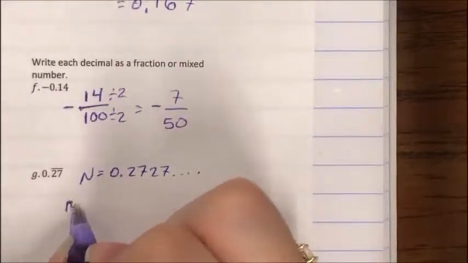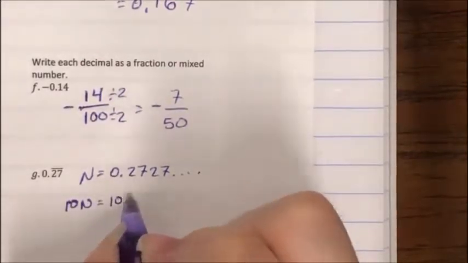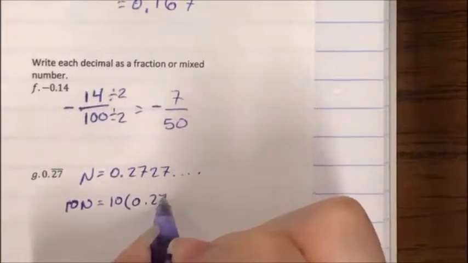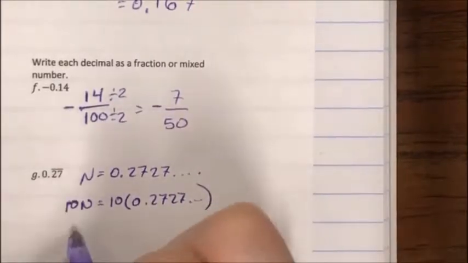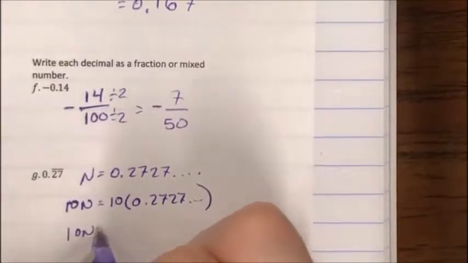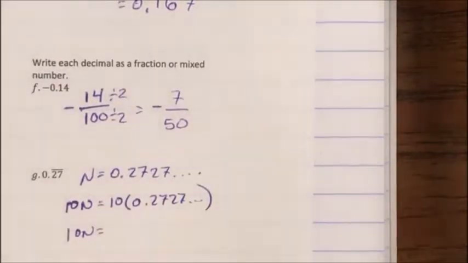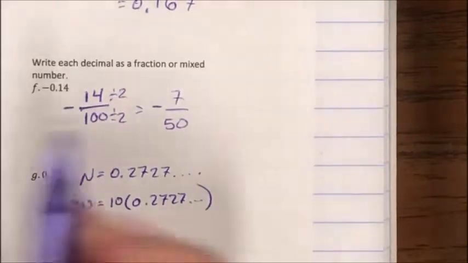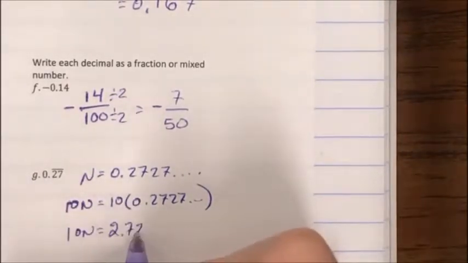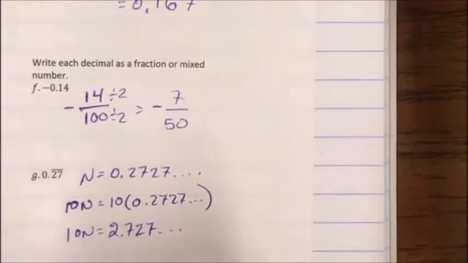Okay. So I multiply this by 10. So I get 10n equals 2.727 repeating.